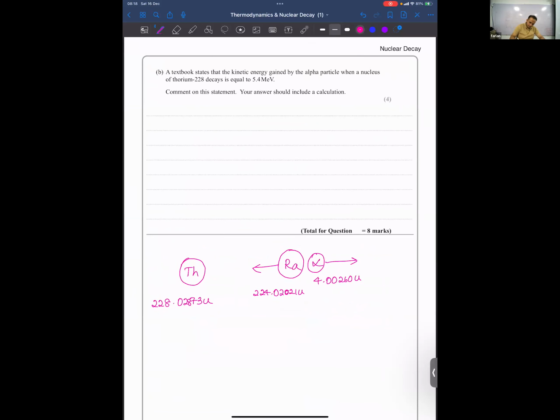According to the principle of conservation of linear momentum, 4.00260 u into v alpha is equal to 224.02021 u into vr. Am I right? Momentum is conserved.